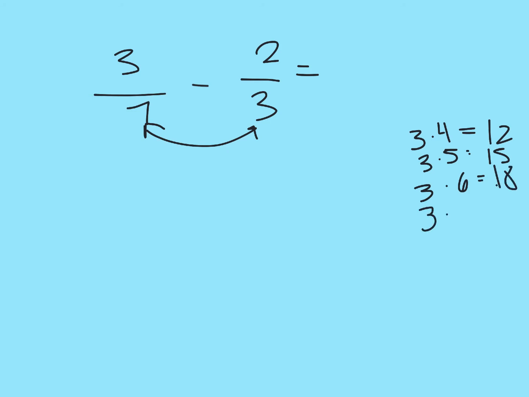But 3 times 7 gives me 21, and 7 times 3 equals 21. So I already know that's going to be my common denominator.